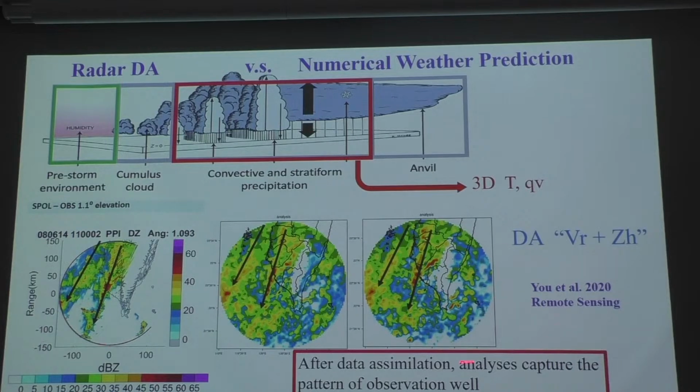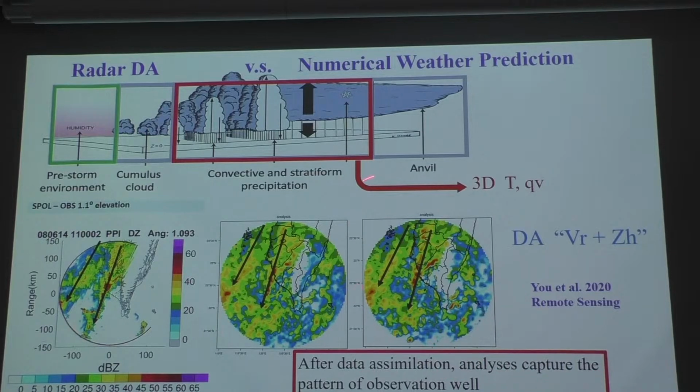The lower panel shows data assimilation, when we assimilate the most common observations from radar, Doppler wind and refractivity. Results show that compared to observation, the right two figures show that after data assimilation, the analysis can capture the pattern of observation well.